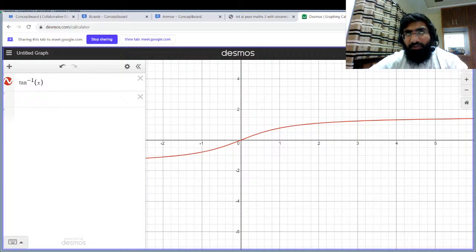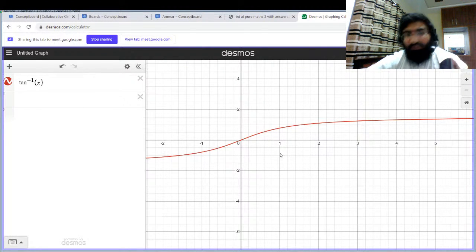So you take values for 0, 1 and minus 1. For tan inverse 0, tan inverse 1 and tan inverse minus 1. Okay, on your calculator, and then you just plot it on the graph.